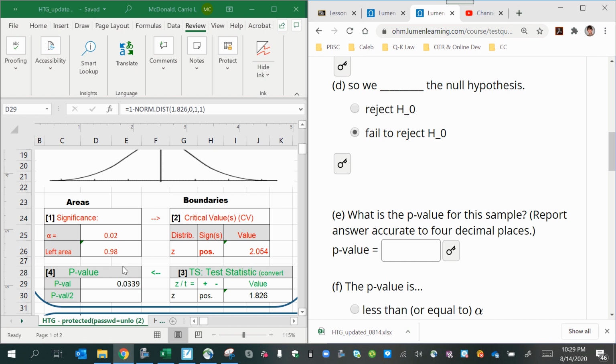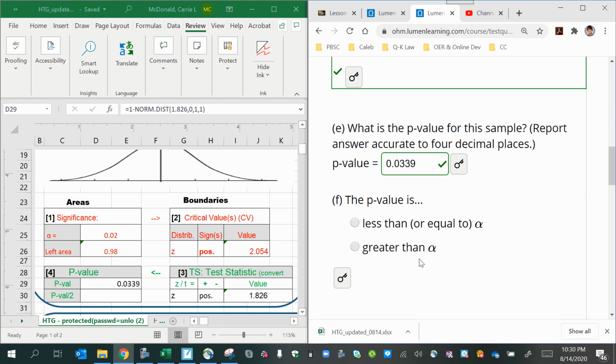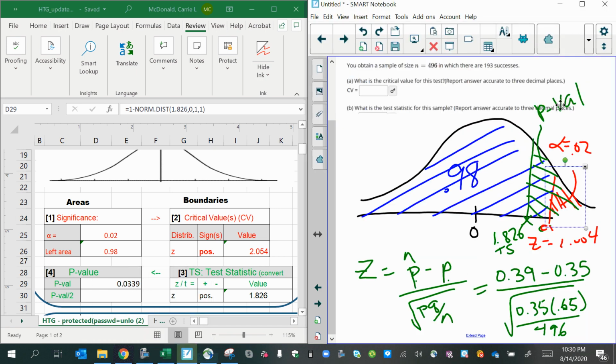What about our p-value? Our p-value to 4 decimal places is 0.0339. And is it smaller than alpha? Is it smaller than the significance level? In other words, what we're asking is, is this area smaller than this area?